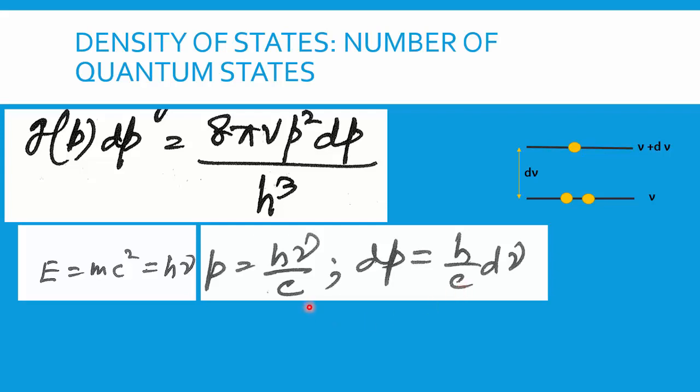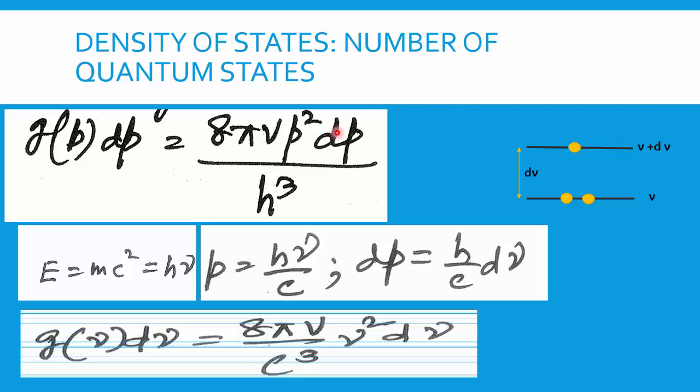So now I have the value of p, I have the value of dp, I will substitute here. In place of p square, I will write h square nu square by c square, and in place of dp, I will write h by c d nu. After substituting these two values on the right hand side, all the momentum will change to frequency. And obviously, you will have on the right hand side 8 pi V nu square by c cube d nu.